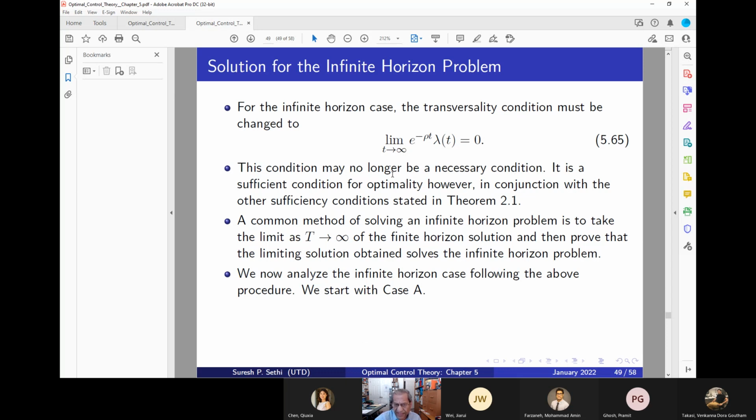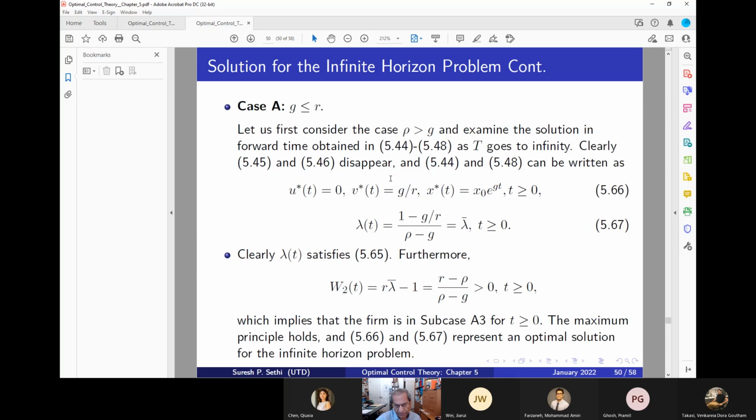So let's take the different cases of what happens. Case A. Rho bigger than g first. T goes to infinity. We can just let everything go to infinity, and everything works here. This goes, this goes, this goes, and lambda t eventually goes to lambda bar, and t equal to 0.